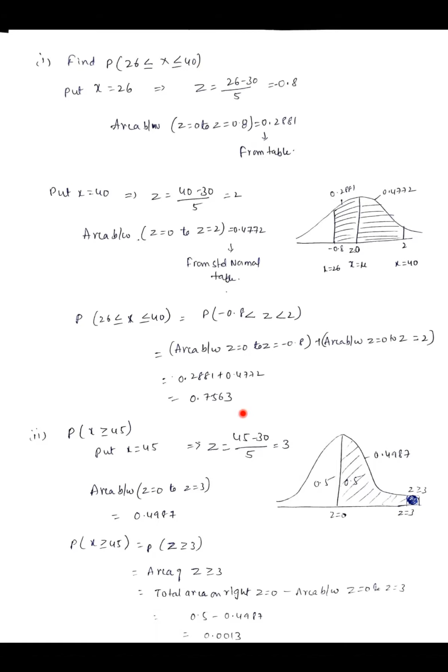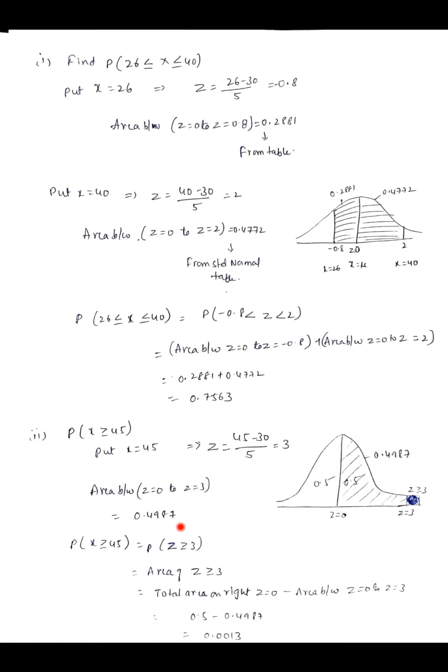The next one is the probability that x is more than or equal to 45. Put x equals 45 in the z equation, you will get 3. Plus means towards the right side. The area between 0 and 3 will be 0.4987.